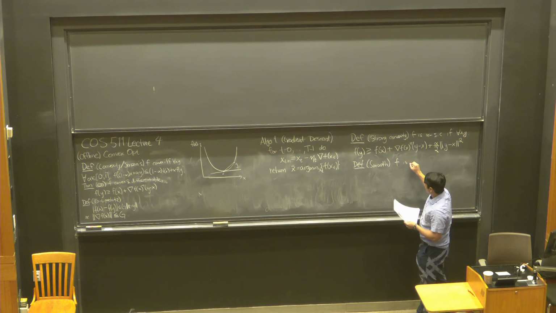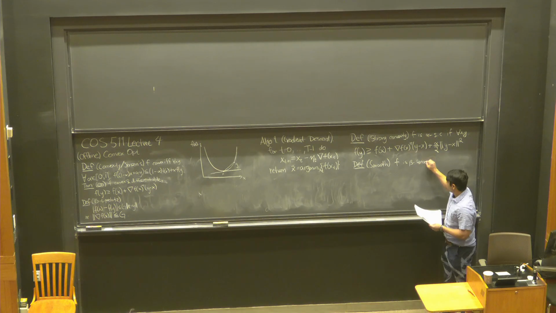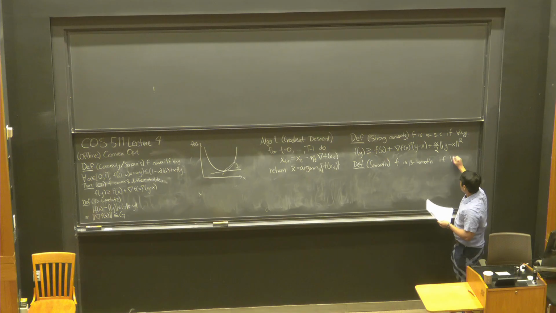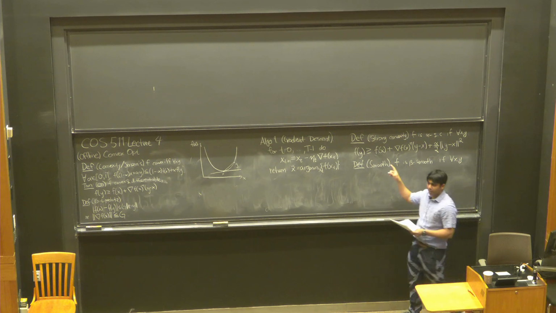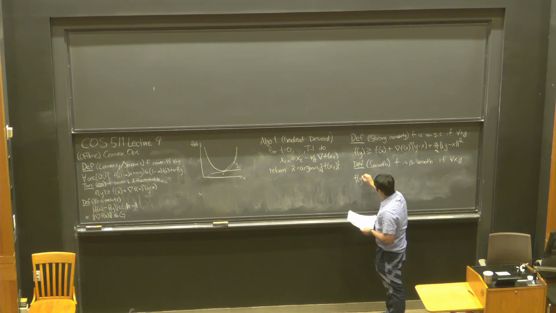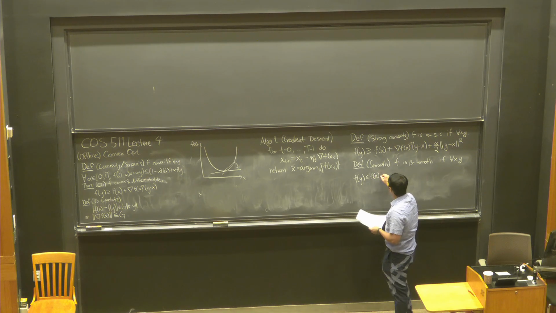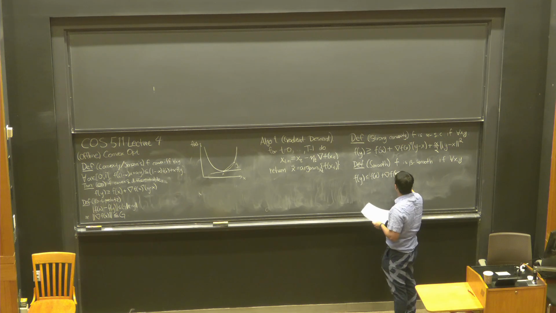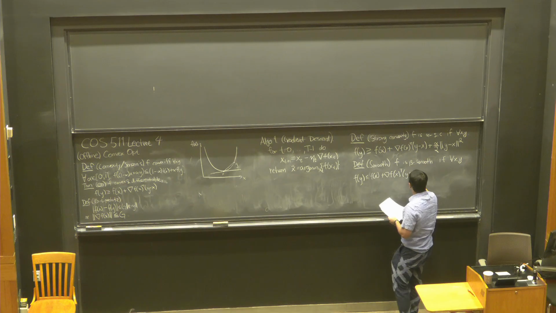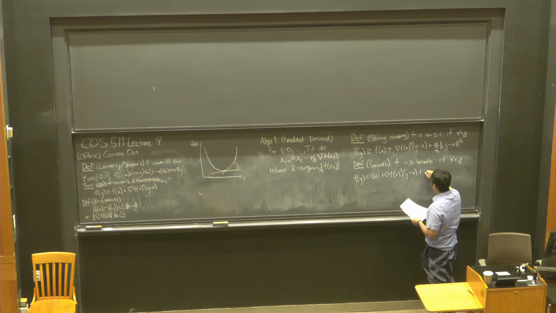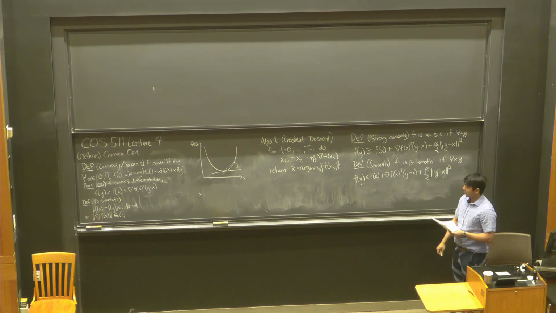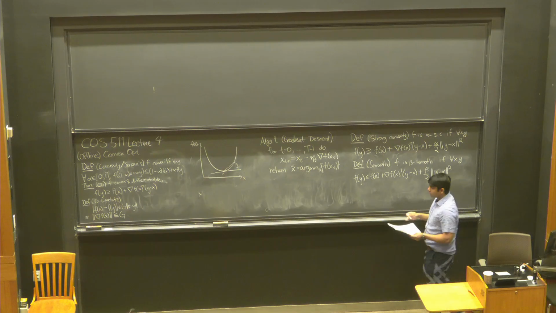So f is beta smooth if for all x, y we can put an upper bound on how much this changes. Okay, and then I'll write one more definition, then I'll explain all the definitions.